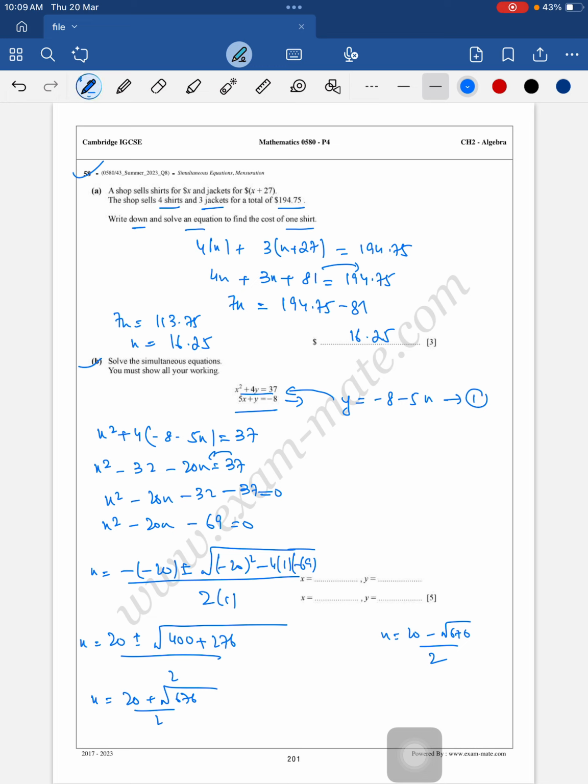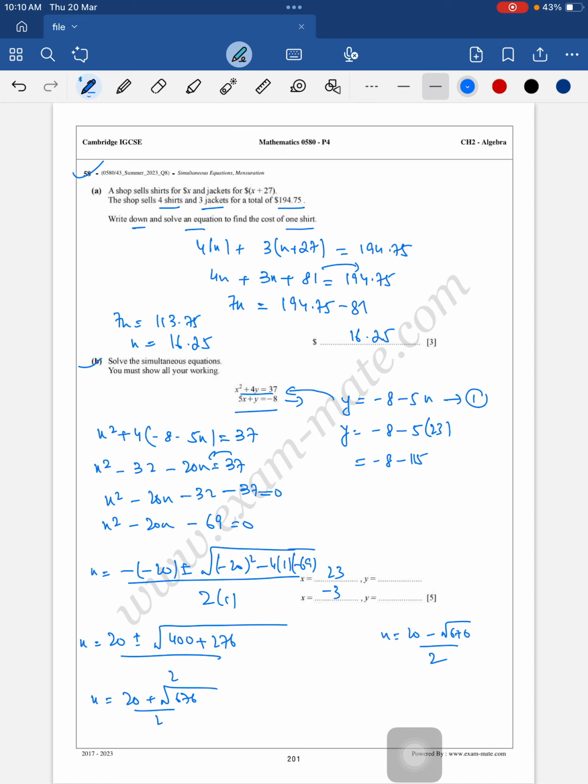Putting the values, 20 plus root 676 divided by 2 is 23. And 20 minus root 676 divided by 2, we are getting minus 3. Putting the two values to get the values of y, minus 8 minus 5x, and first is 23, so I am putting 23. So 5 into 23 is 115, minus 8 minus 115.